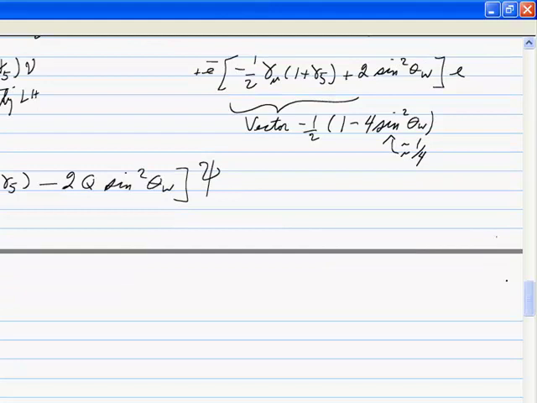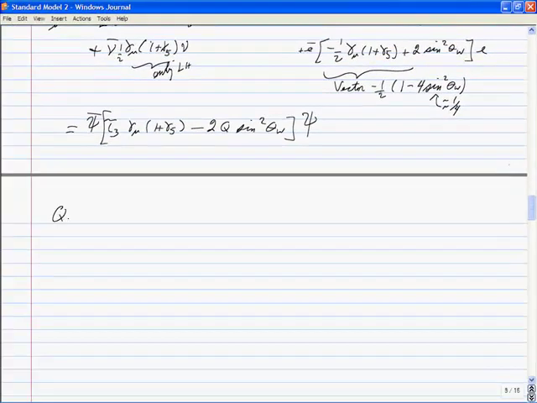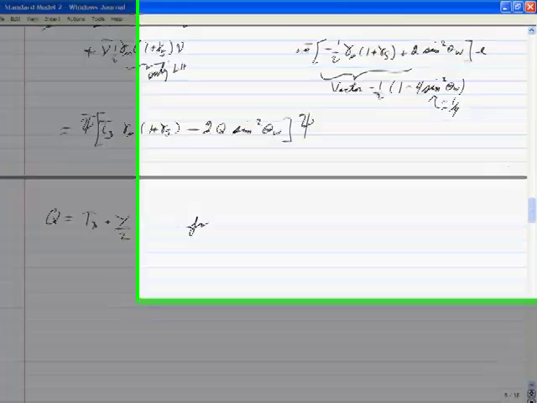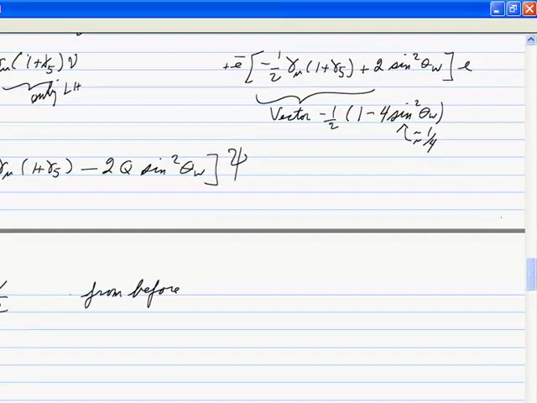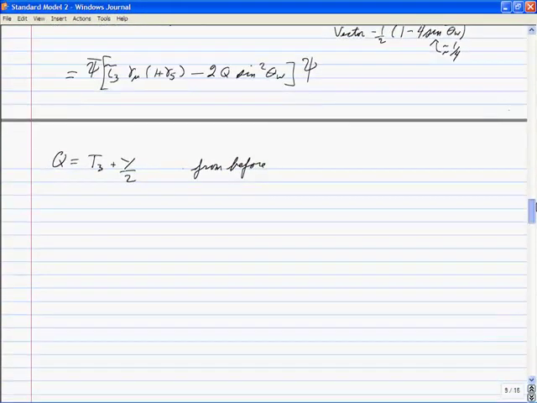So this is the origin of the electric charge being T3 plus y over 2 that we used before. That's just how the charges worked out given the normalization that we chose.